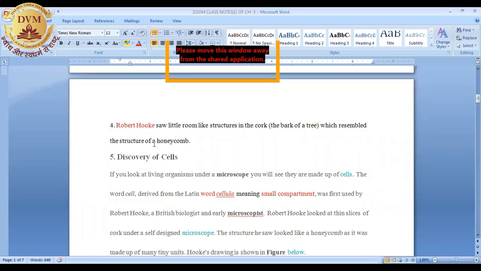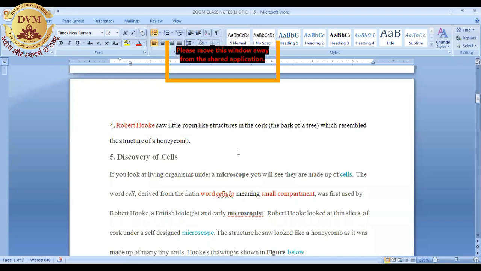Robert Hooke was observing cork. What do we mean by cork? Cork means the bark of a tree. Robert Hooke took a bark of a tree and observed it under a microscope, and the microscope was self-made, made by Robert Hooke.